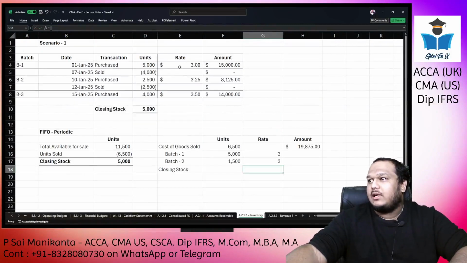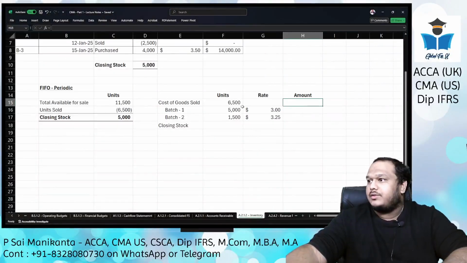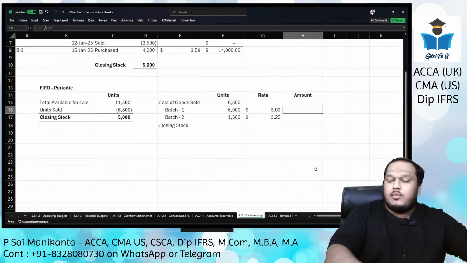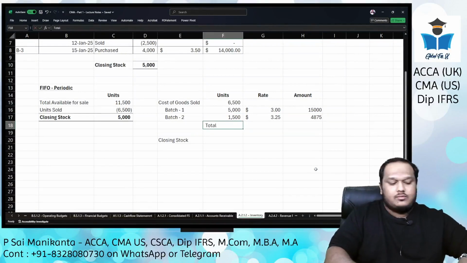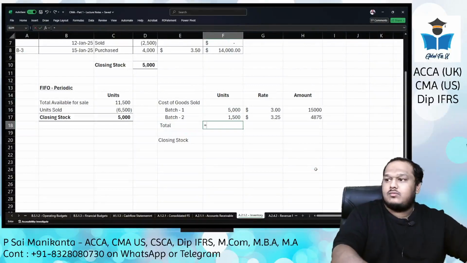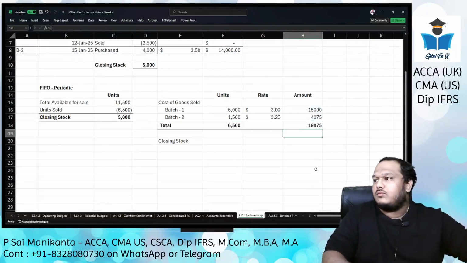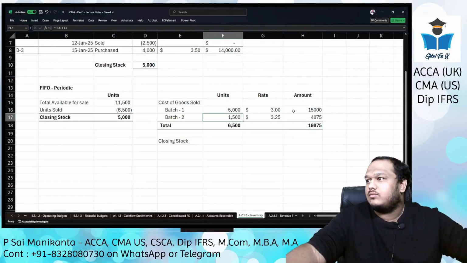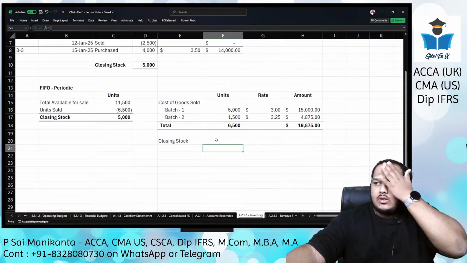So the amount, if I calculate, now let me delete this here, and here if I just put the amount and then take the total. Okay, I think that looks good.